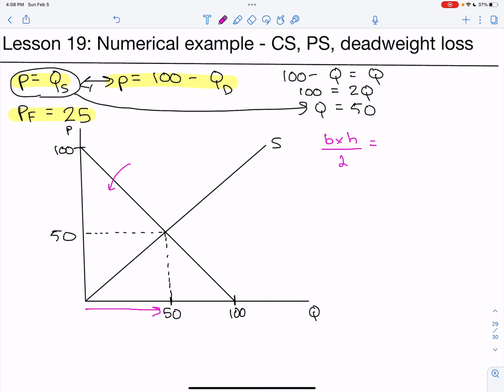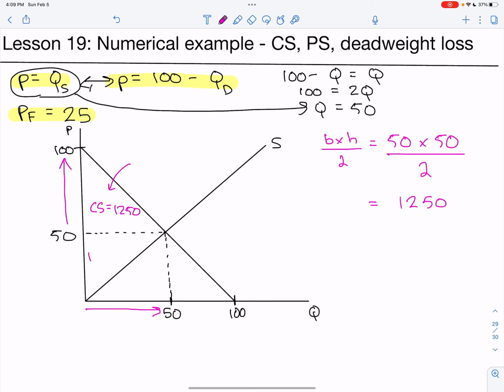The base is 50, and the height here would also be 50, since from 50 to 100 is a height of 50. Divided by 2, this is equal to 1,250. So our consumer surplus is equal to 1,250.